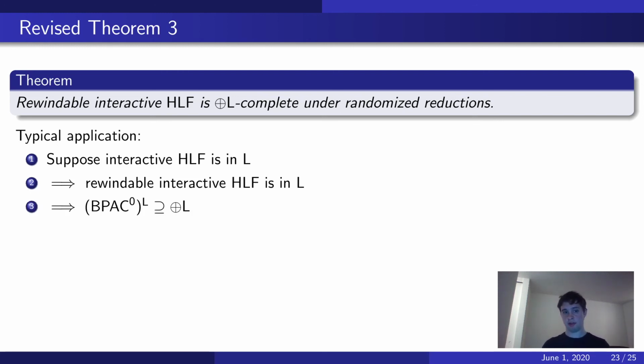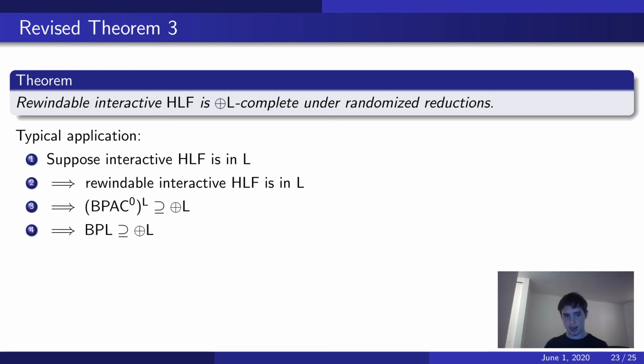And since our reductions are randomized, they're actually in the class BPAC0, then that class with an oracle for L contains parity L problems, can do anything. So the only thing L is getting from BPAC0 is the randomness, so we can replace it with just randomized log space, right? And we could stop here.